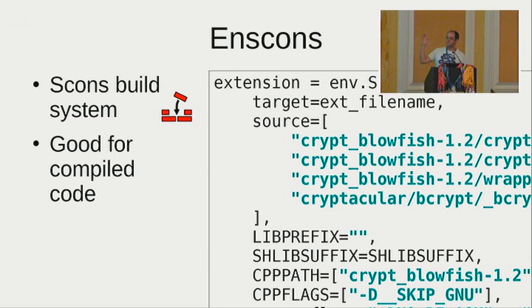So this is Daniel Holth's tool called nscons, which is an extension of the SCons build system to give it the ability to generate Python packages. So this is convenient if you've got things like a Python C extension that you want to build.